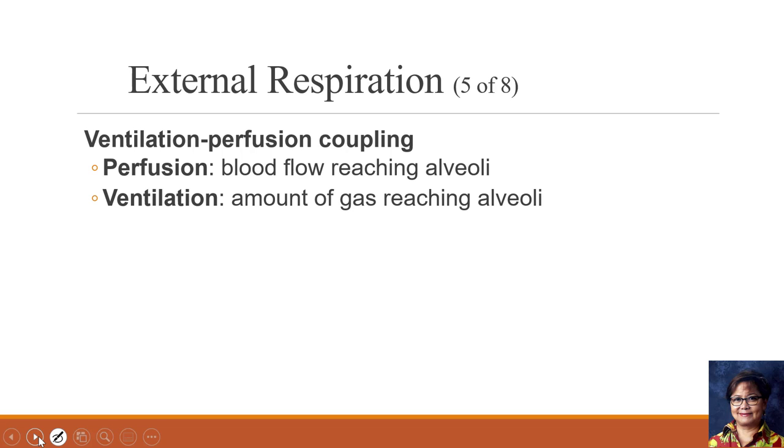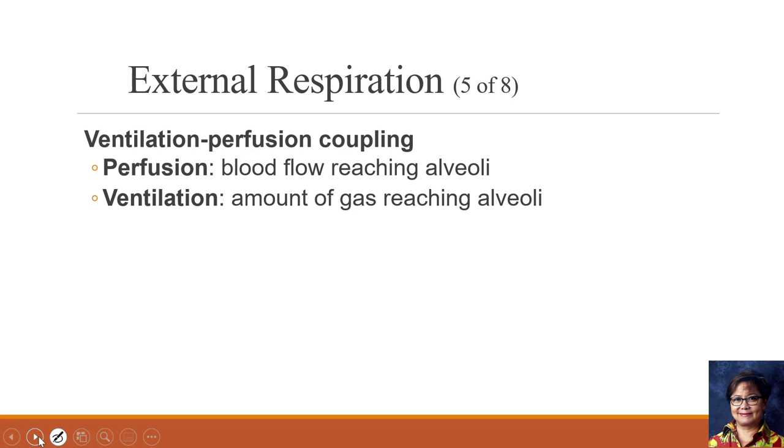They should be balanced. You should have enough blood waiting there so that there will be gas exchange, and there should be enough gas to be exchanged when the blood is there. If you have very poor perfusion, no matter how good the ventilation is, you're not going to be getting enough gas.